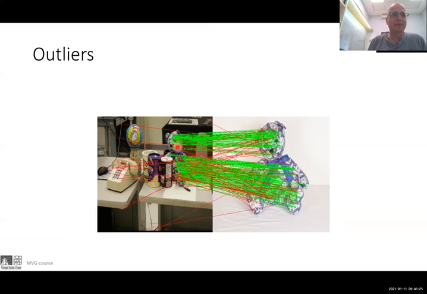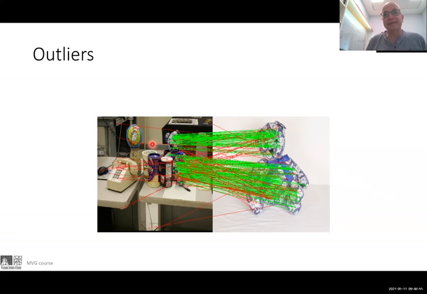The teddy bear appears here in the image. This is a very good case where most of the matches are true. Those are the green lines here. But occasionally, there are some bad matches. And if we try to solve a least squares problem, it will fail very badly because of these outliers.